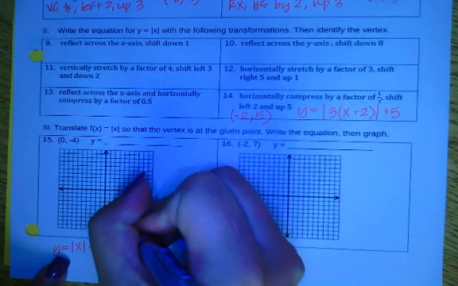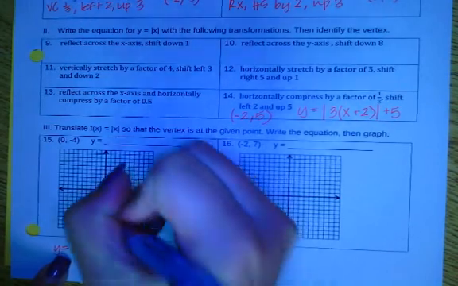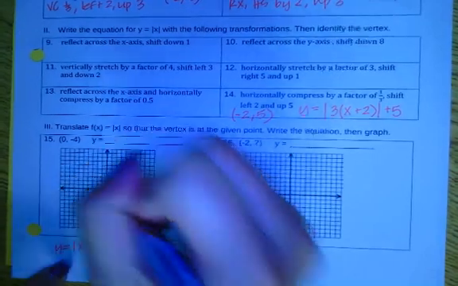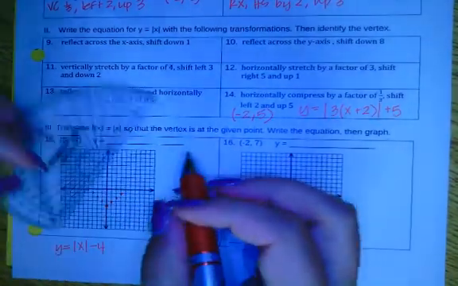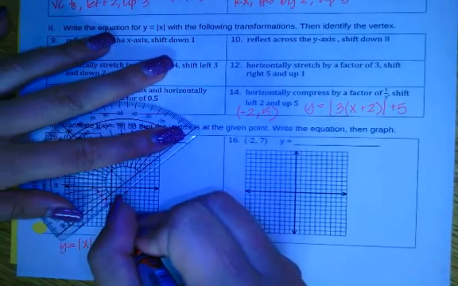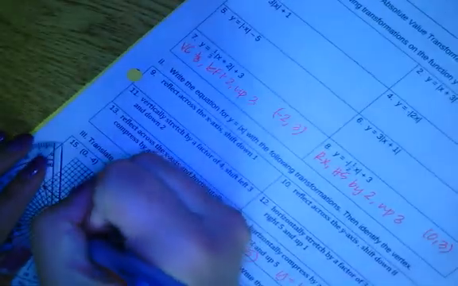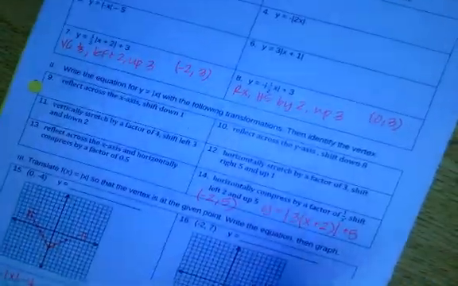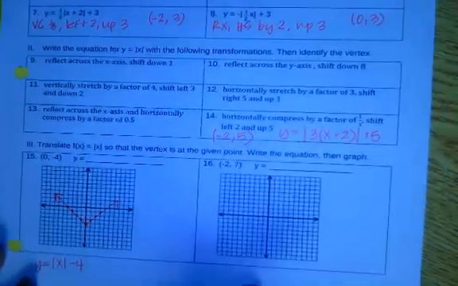And then I plot my line. Oh, I guess I could have written this up here: y equals absolute value of x minus 4.